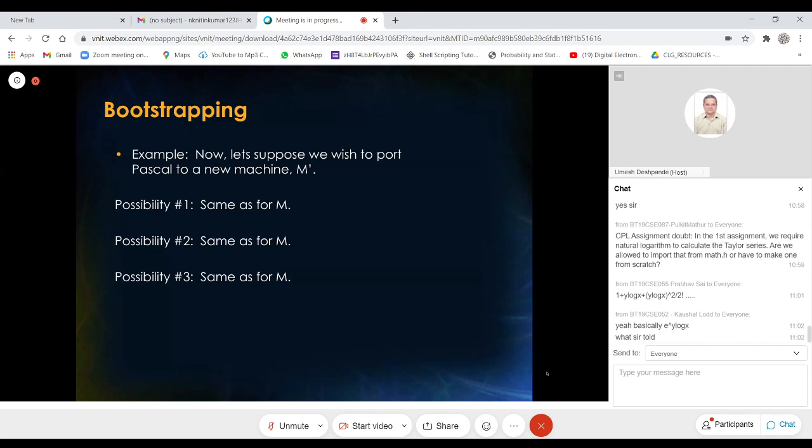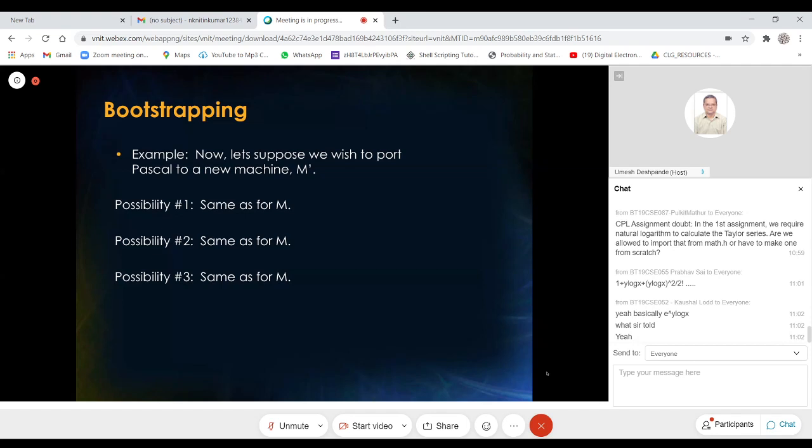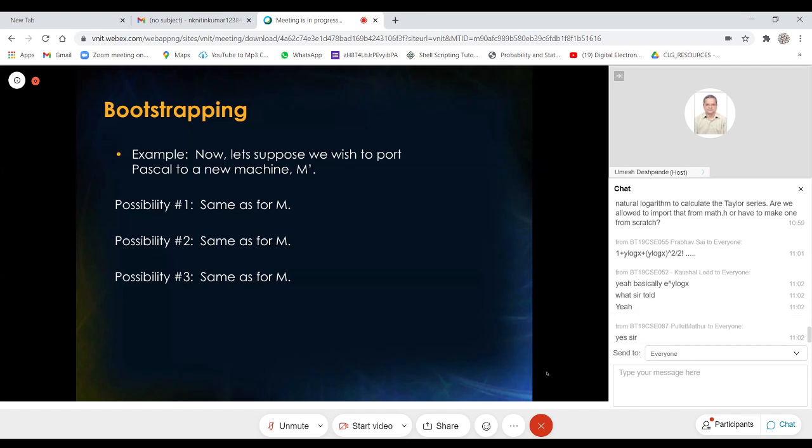So, write an efficient piece of code here. I don't want you to calculate factorials definitely. And how long do you want to go? How many terms do you want to use? You should be able to say that based on the precision that is required. I'm sure you have heard of this. You would have written a program for sin x, right? Sin x is x minus x cubed by factorial 3 and so on.